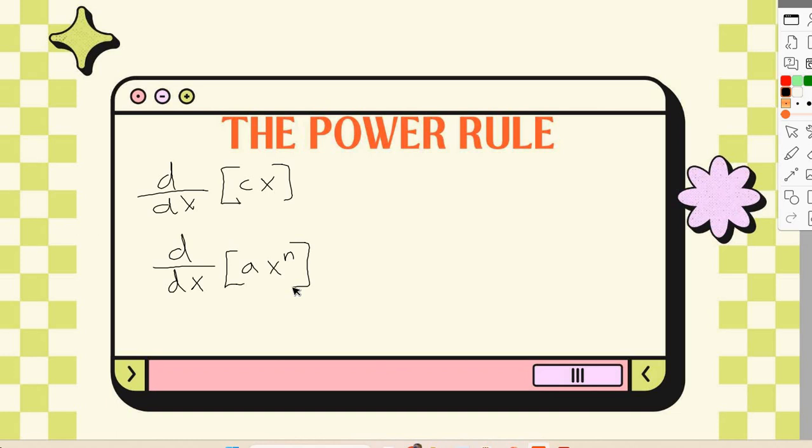And anything to the 0 power is 1. So then I'm just going to have whatever that constant is. So the derivative of just cx is always just going to be c. Very straightforward. Now, when we start throwing in things that have bigger powers, you're going to open it up and put that on the inside.